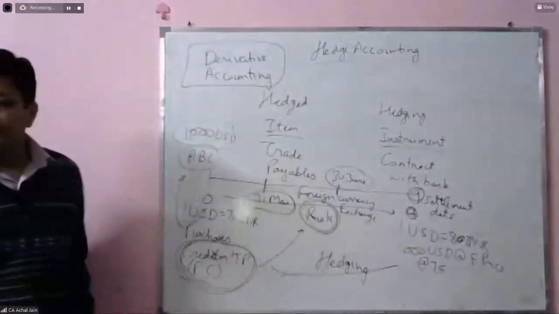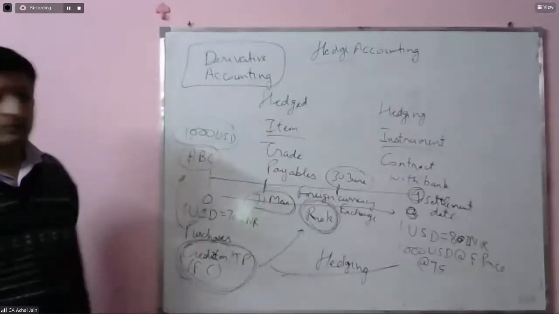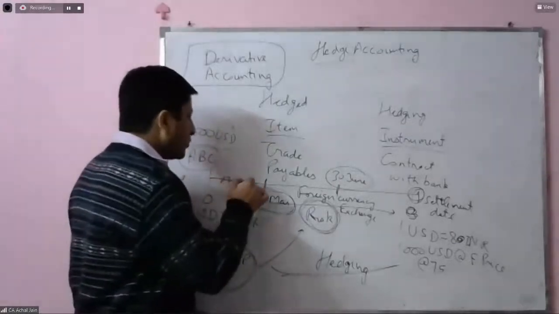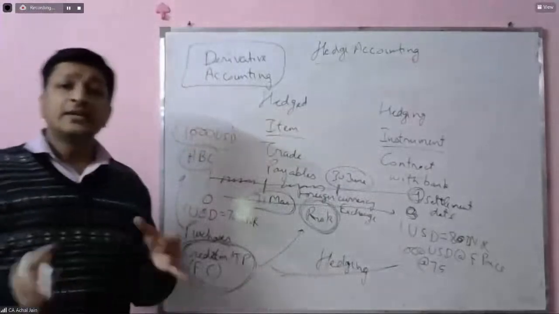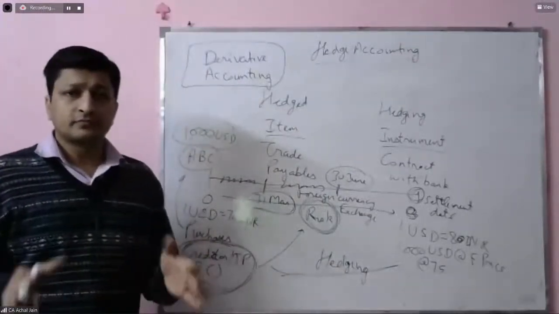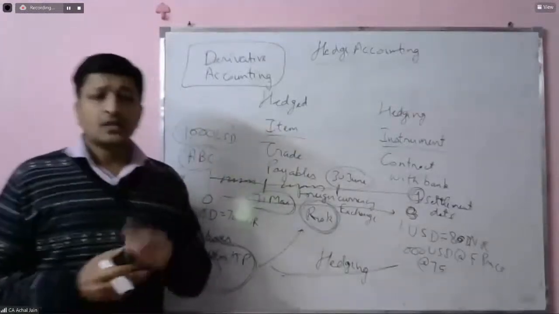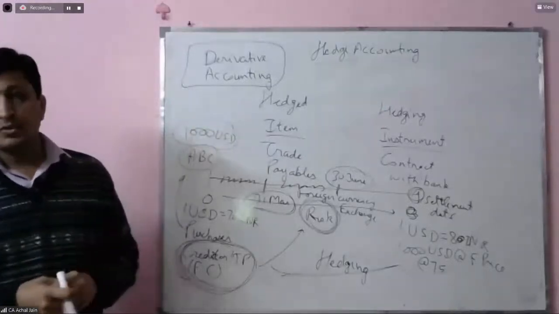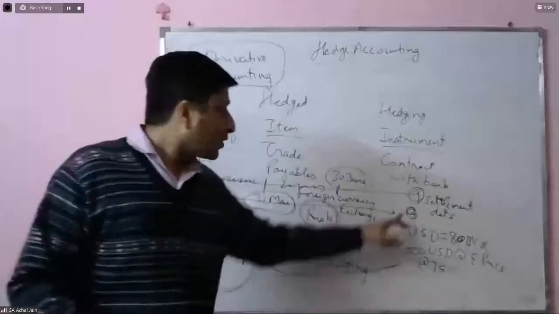But in case we follow hedge accounting, then the volatility which arises during this period will be neutralized, will go off. That is what hedge accounting helps an entity to achieve. That is why entities plan to move into hedge accounting, so their exposure to P&L reduces till the time the contract is settled.